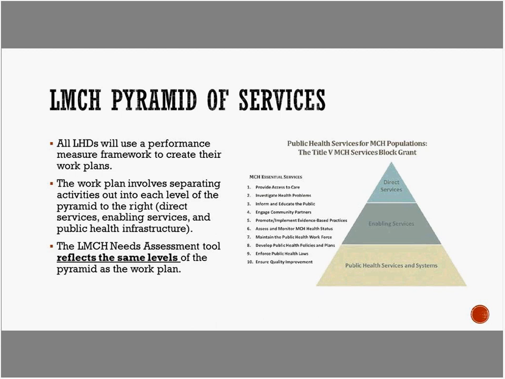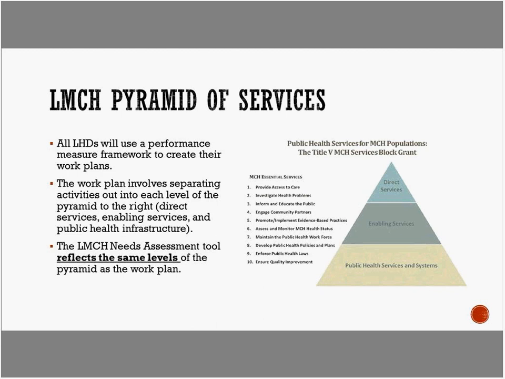As you know, the local departments are asked to do things by performance measures. So you identify a national, state, or local performance measure, and then your activities are built upon the pyramid of services that MCHI has explained for us.